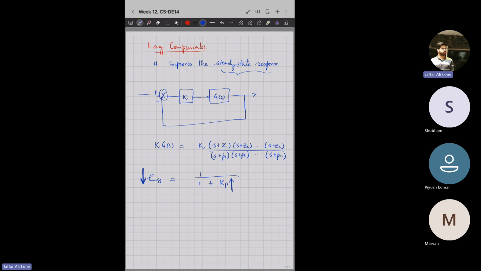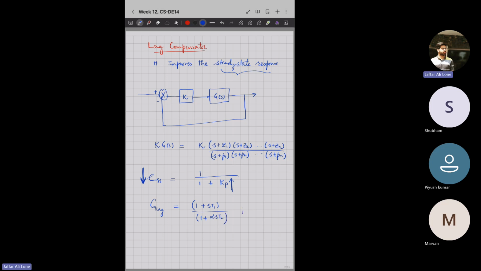Normally, the lag compensator transfer function is given by G lag equals (1 plus sT1) divided by (1 plus alpha sT2).